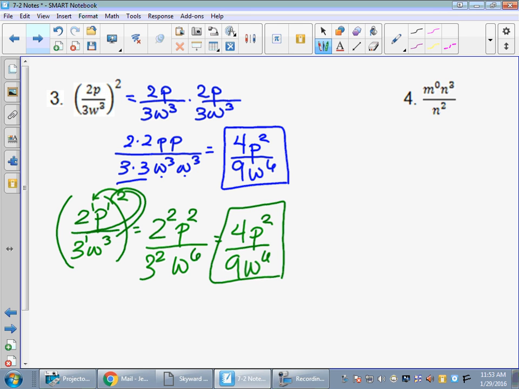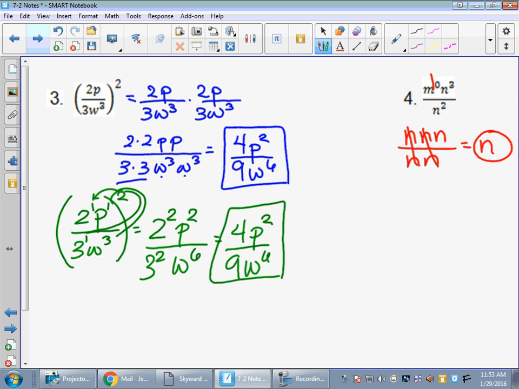Number 4, the only thing that is being taken to the 0 power is the m. So whether you're going to expand or not, that just becomes a 1. But the only thing that becomes a 1 is the m. And so expansion here would say n over n and n. They cancel. I am left with just an n.